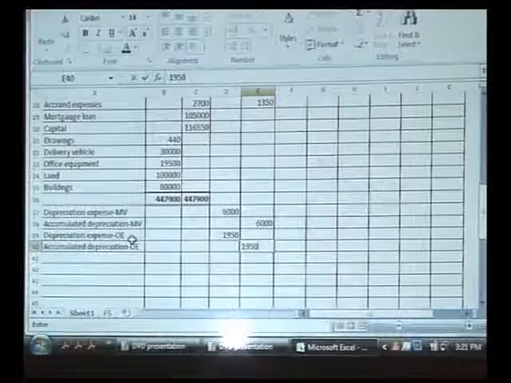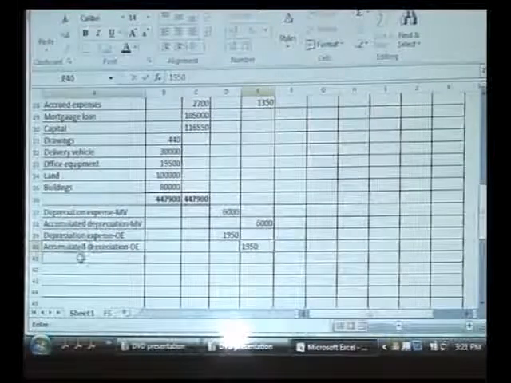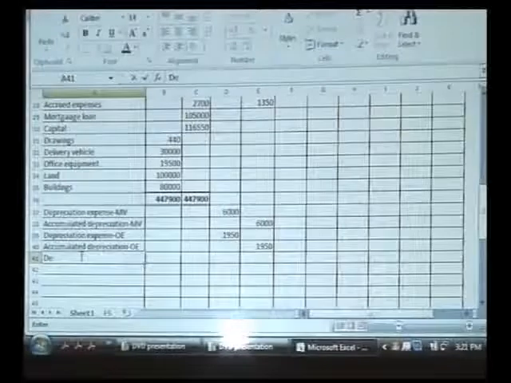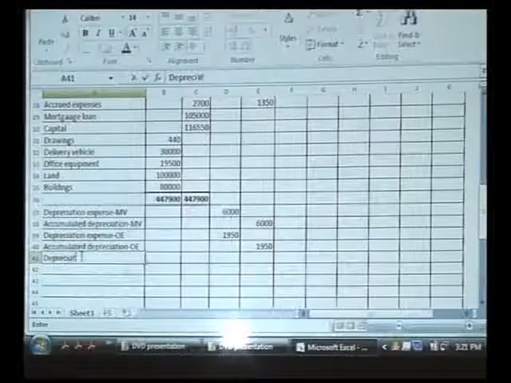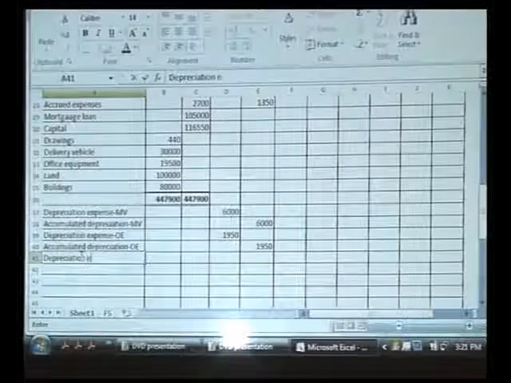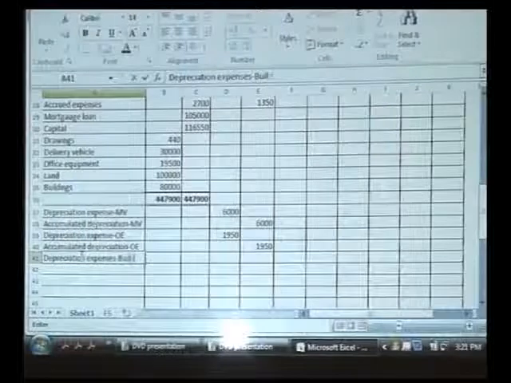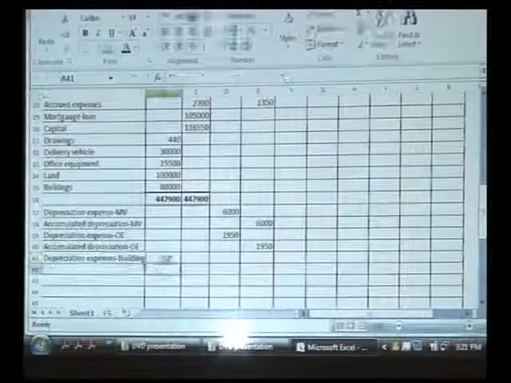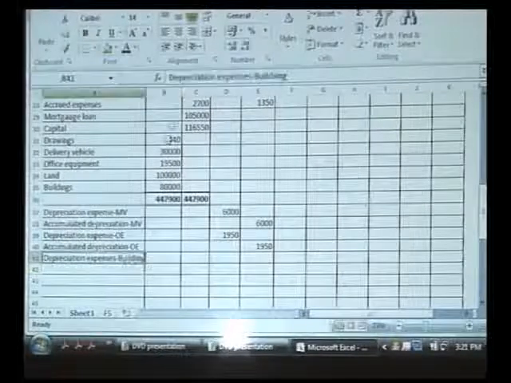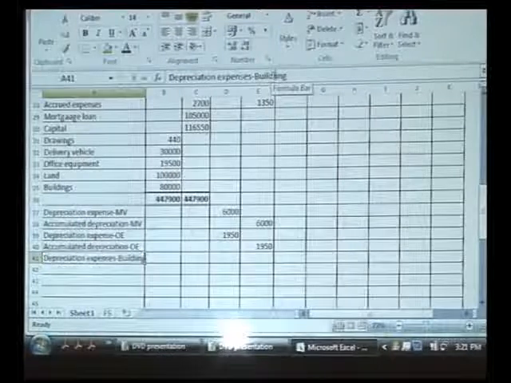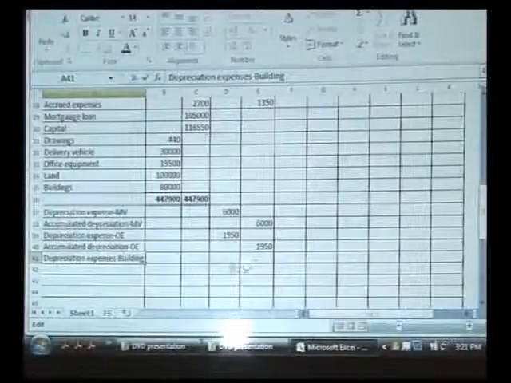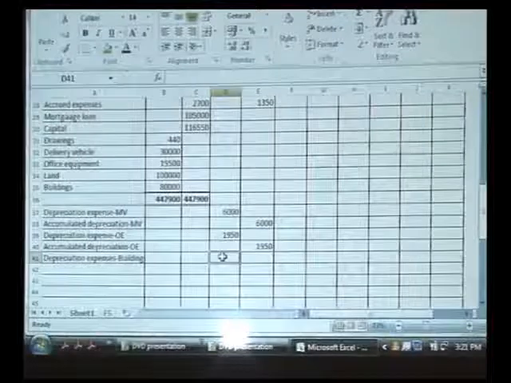Then building 5% depreciation expense, building, 5% works out to 4,000.